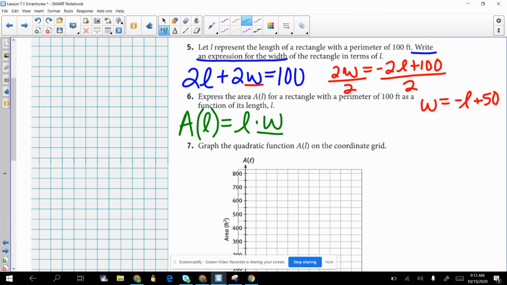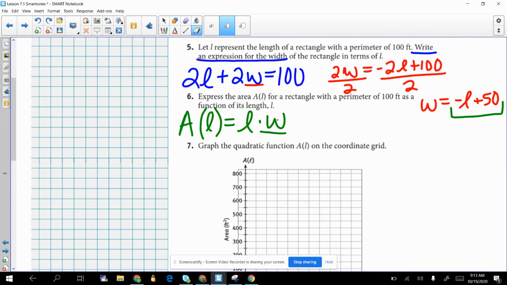But instead of width, what I now want to plug in is this right here so that we're doing it all in one variable. So we know that width is equal to negative L plus 50. So what I'm going to do is erase the W, and instead, I'm going to plug in that negative L plus 50. Okay, and then obviously I would simplify here.